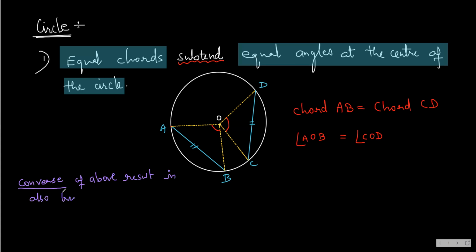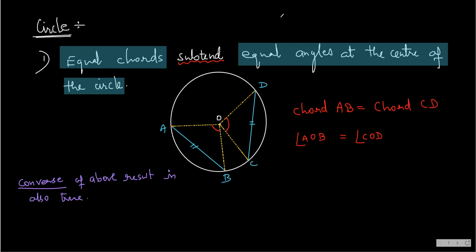What does it mean? I'll tell you what it means. It means this time we are given two angles subtended by two chords at the center, and we are given that these angles are equal.